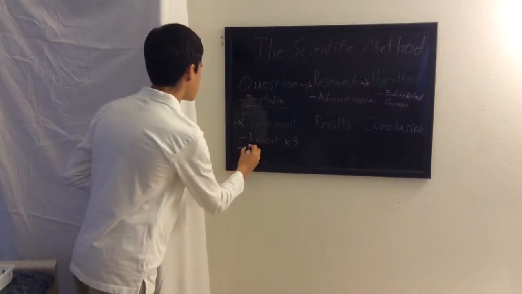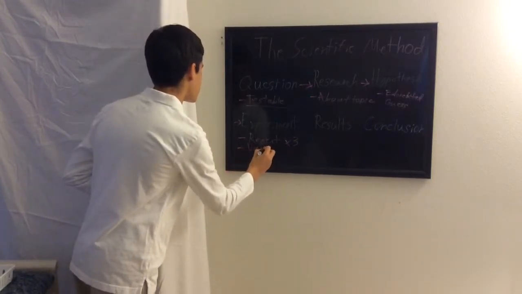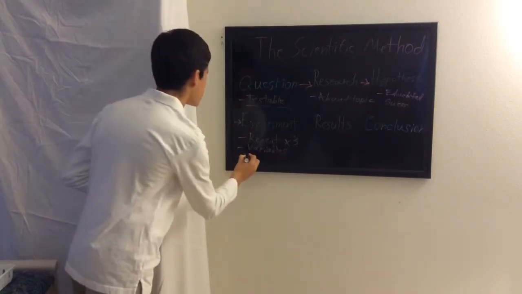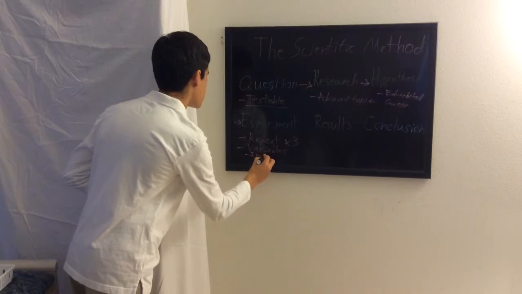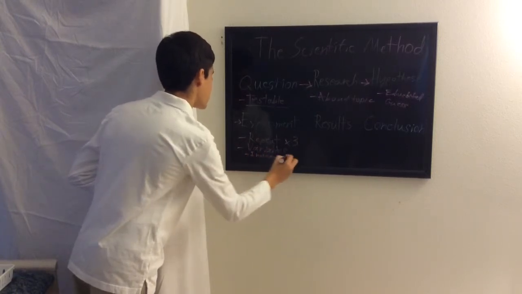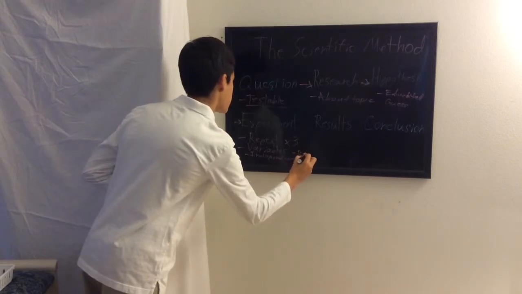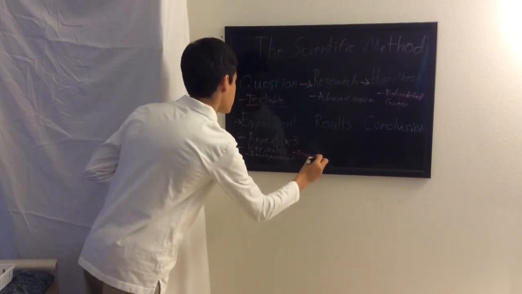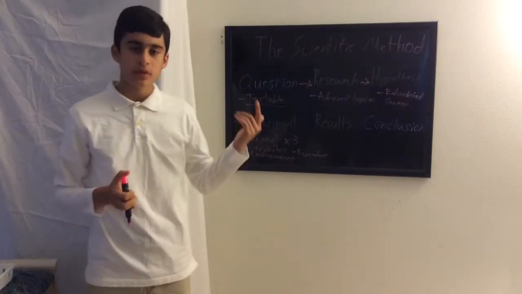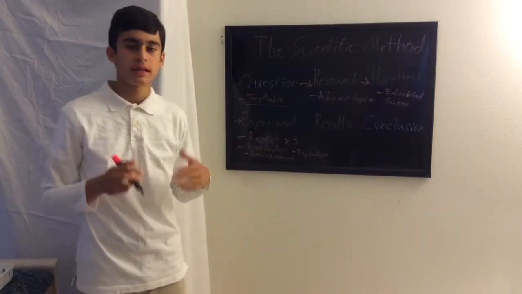The other thing is variables. So there are 2 kinds of variables. There's independent and there's also dependent. Okay. So, independent variable. That's a variable that you're testing.